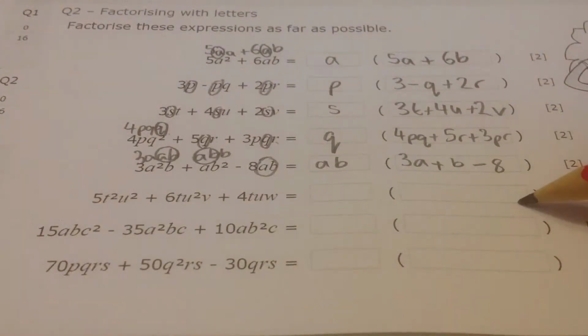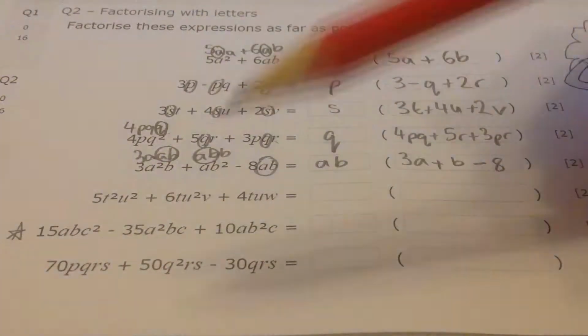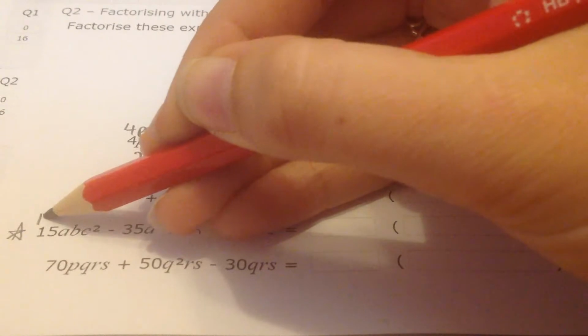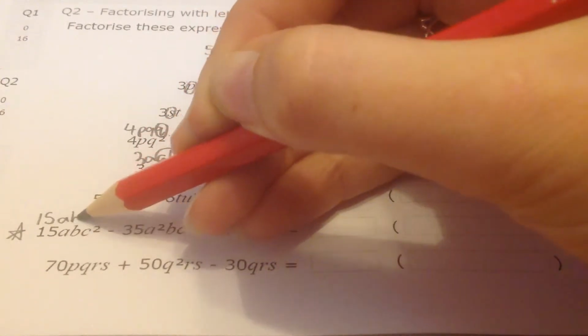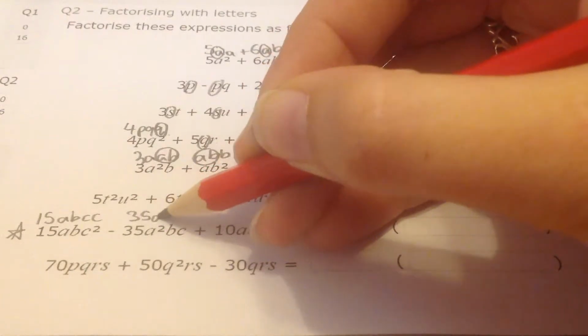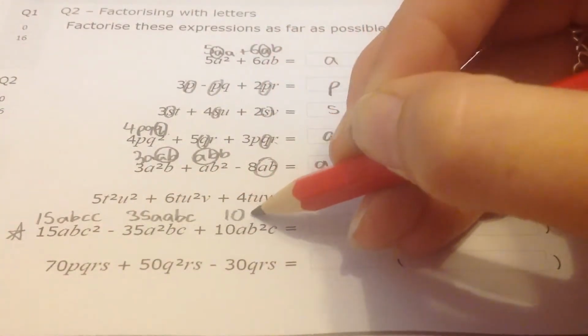I'll leave this one because it's very similar, and we'll jump down to this one here. Now here we can see that we've got squared, so let's write them all out with double letters, just because it makes it easier for us. Remember, the letter that's squared is the one that we write out twice.